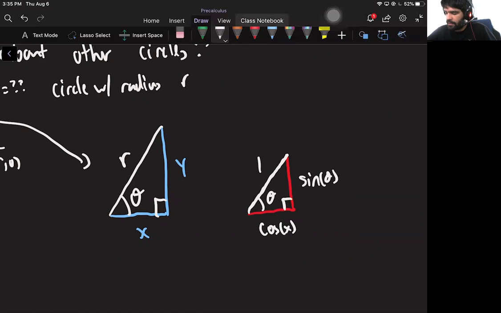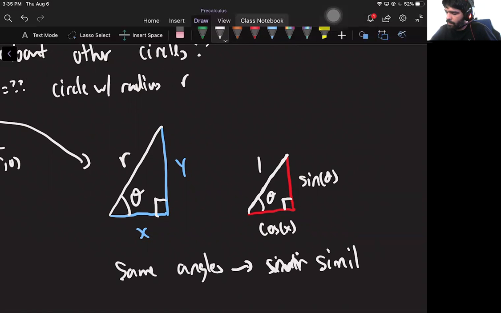And then because they have the same angles, that tells us, if you remember from very long ago in geometry class, that the triangles are called similar. That's not how you spell that though. Similar triangles. And that means that their ratios are the same.